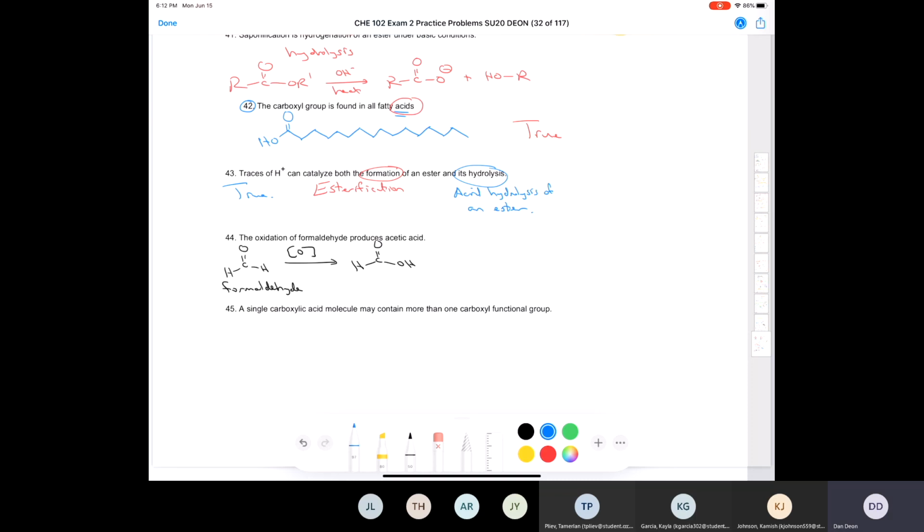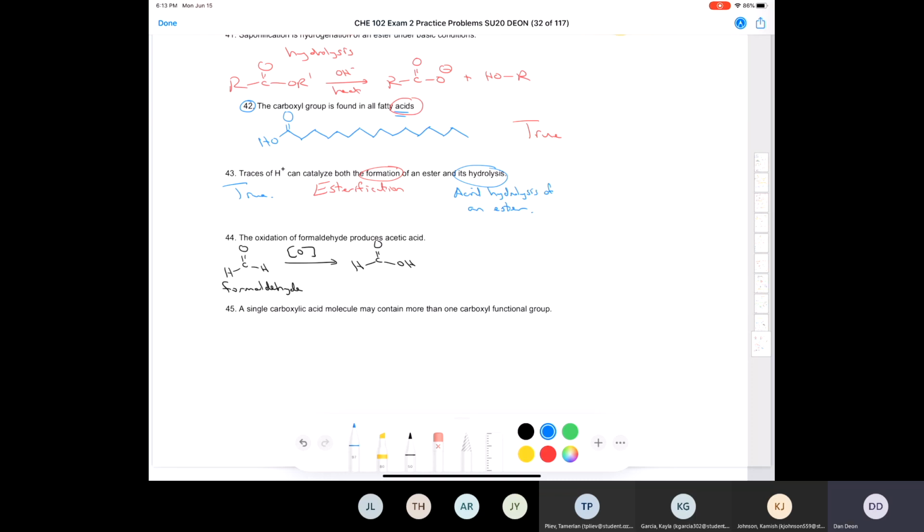Can anybody give this carboxylic acid a name, the common name? I'll even take the IUPAC name. A 1-carbon carboxylic acid, the simplest carboxylic acid there could possibly be.